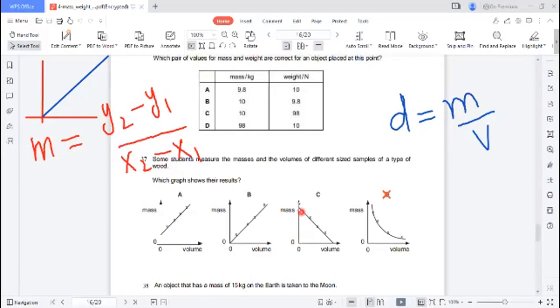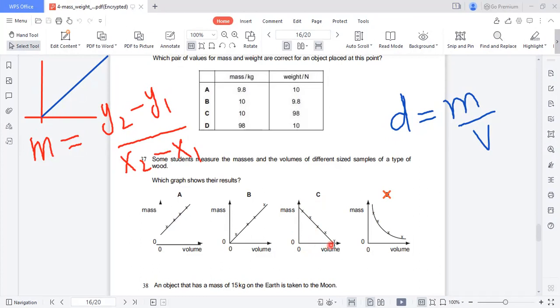This graph shows that if you increase the size of a wooden piece, the mass decreases, and at a certain value of volume, the mass would be zero. When your volume is zero, the mass is maximum, and when your volume would be maximum, mass would be zero. That's totally a blunder.